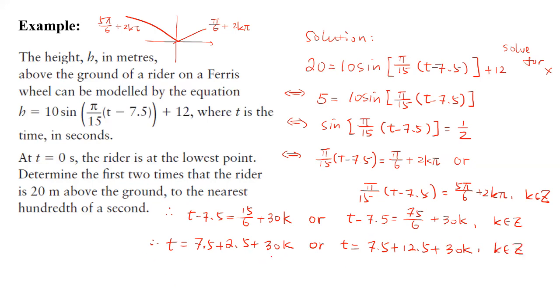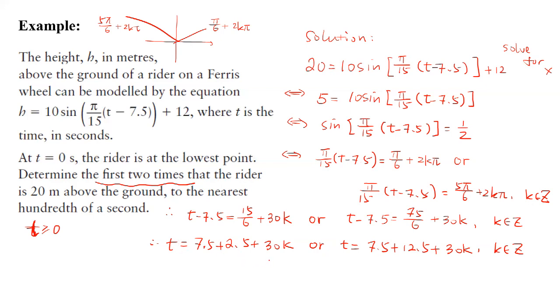Now let's consider what values k can be, right? Because we want to find the first two times. So apparently k is non-negative, right? That means t is equal to or greater than 0. So k cannot be any negative number, right? Because, for example, if k is -1, -2, etc., t would be negative, right?